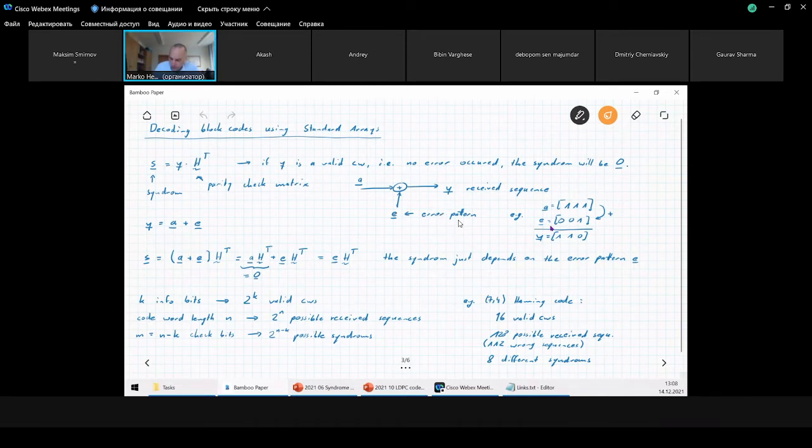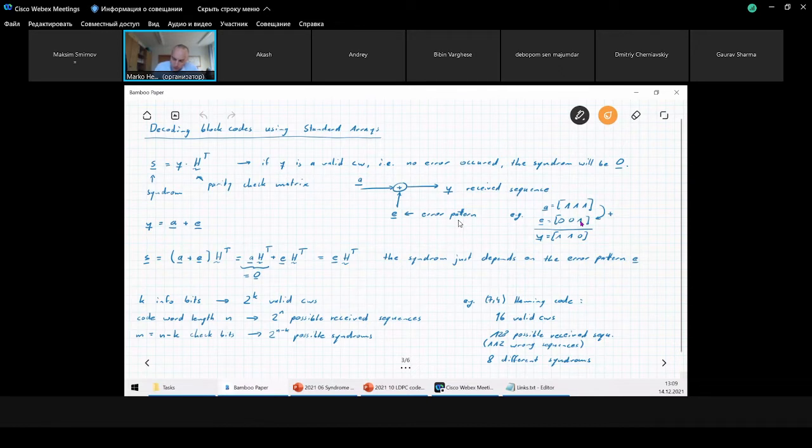So for example, if I transmit 111 and I want to model an error in the last position, I could simply do this by adding this error pattern with the 1 at the last position. So you see, where the error pattern has 1s, the bit value will flip. If I have a 1 here, the outcome will be 0, so this introduces an error. Or if I had a 0 in the transmitted word, adding a 1 will make it 1.